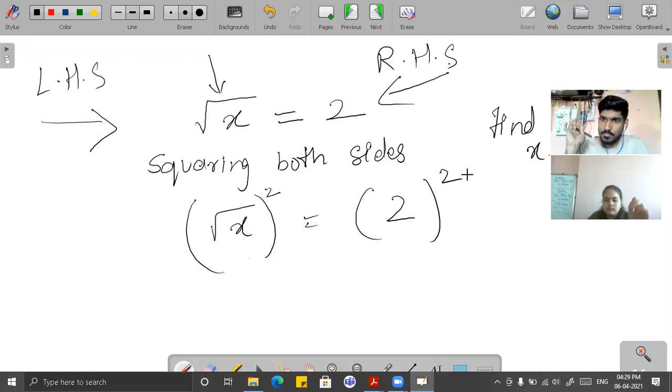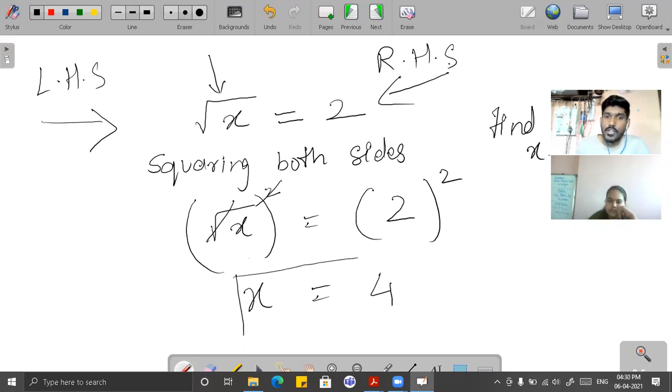Is this clear? Now look at the left hand side. The square root and the square will get cancelled, and you'll be left with only x on the left hand side. On the right hand side, 2 square, which is 4. So the value of x is 4. Is this clear?